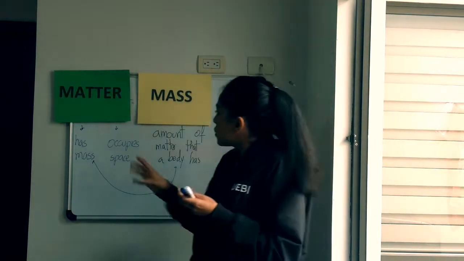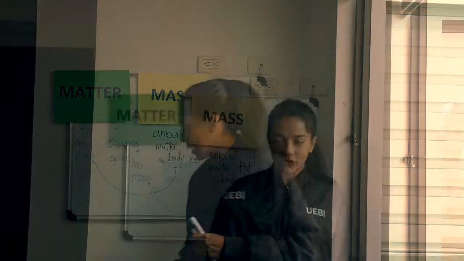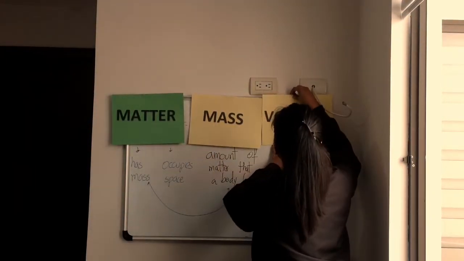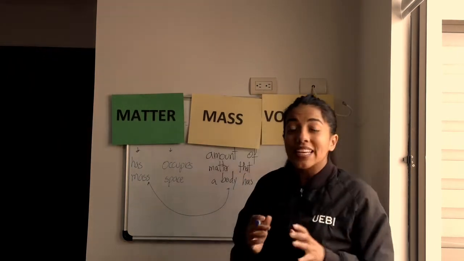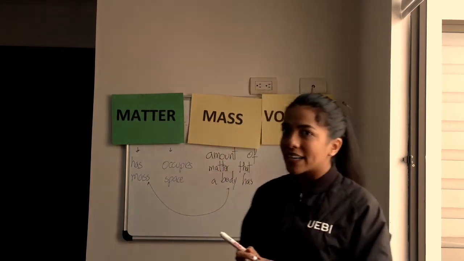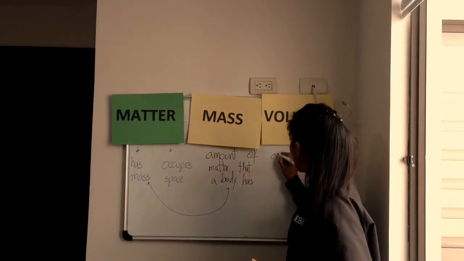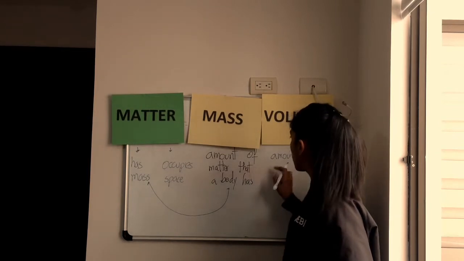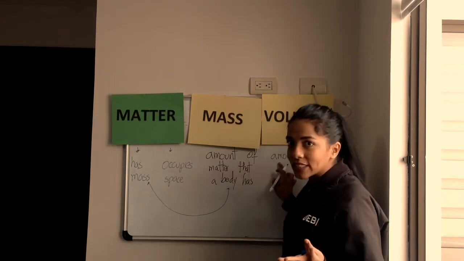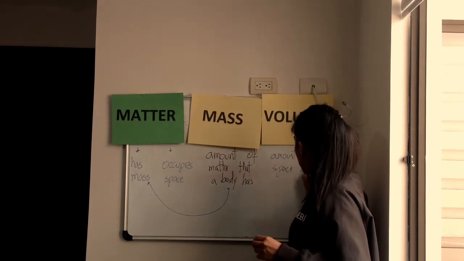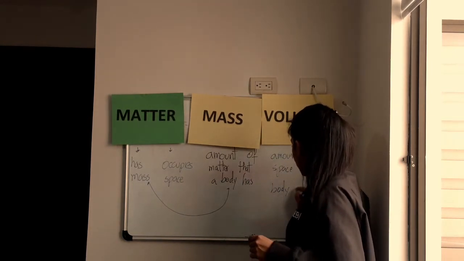But related to this, what can we say? Okay, I'm going to put volume in here. Volume refers to the amount of space that a body occupies. Remember, amount is the quantity, how much space a body occupies.